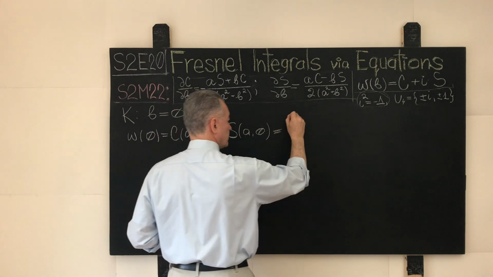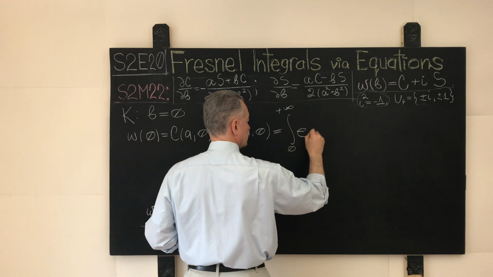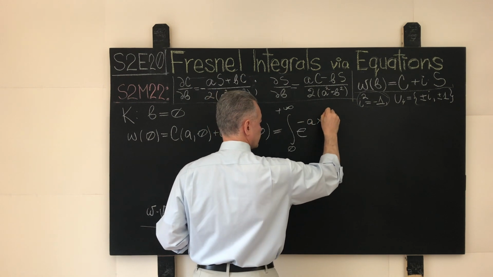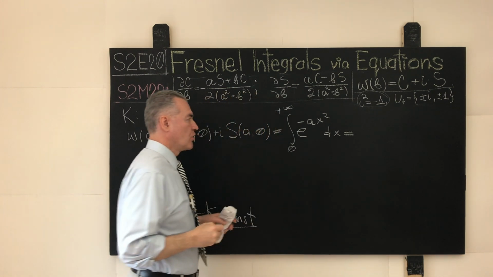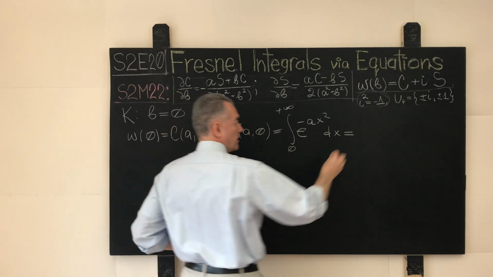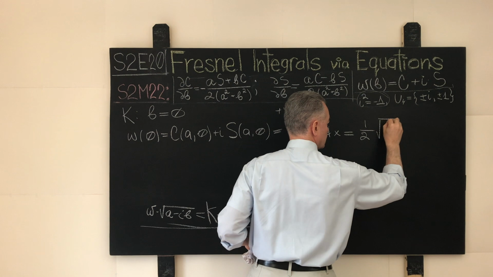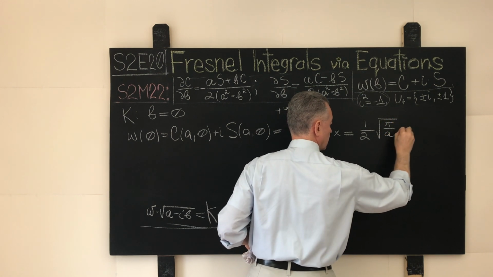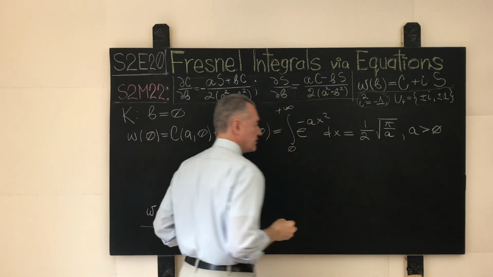We have over here the integral from 0 to positive infinity of e to the power minus ax squared dx, and we agreed that we know the value of this so-called Euler-Poisson integral, and that value is 1/2 square root of pi over a, where a is strictly greater than 0.